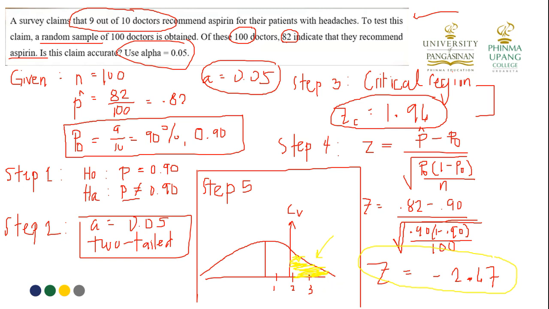So, 2.67 is nandito, approximately nandito. So, since the Z value falls under the critical value, meaning reject HO natin. So, reject ko si HO. Accept natin si HA. Yan. So, may 10 points ka na if nakuha mo yung problem.